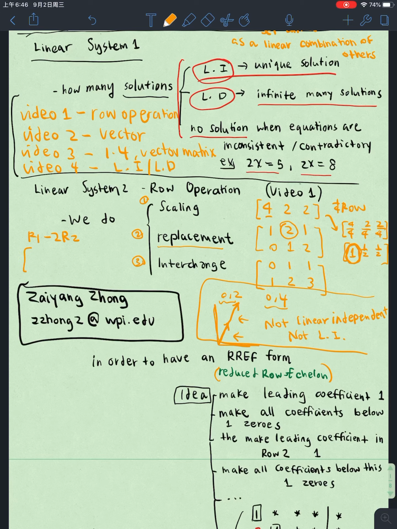So it will be 1 minus 0, which is 1. Then 2 minus 2 times 1, so 2 minus 2. And 1 minus 2 times 2, so 1 minus 4. And this will stay the same. So this will be 1, 0, negative 3, 0, 1, 2. As you see, this term just becomes 0.